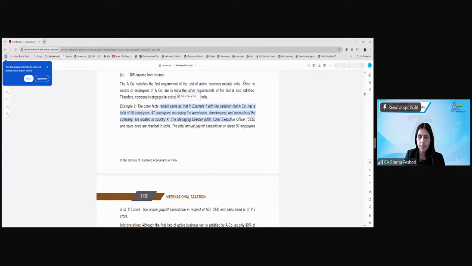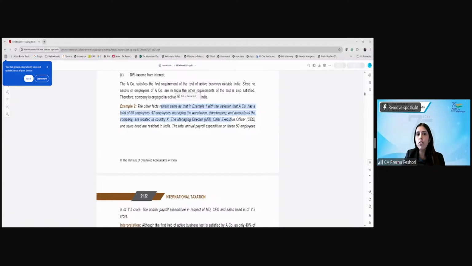So more than 50% of payroll expenditure is in India. Correct. So here, even though less than 50% of employees are in India, even if less than 50% of my employees are in India, but the payroll expenditure in respect of the employees who are in India is more than 50%.